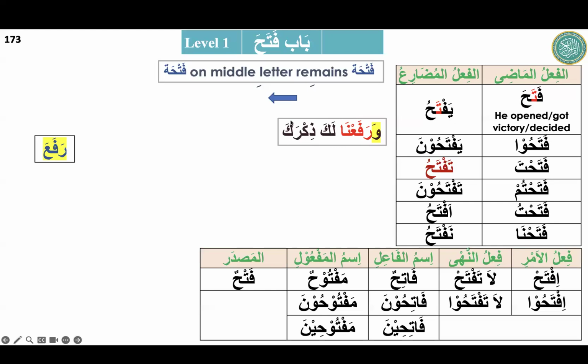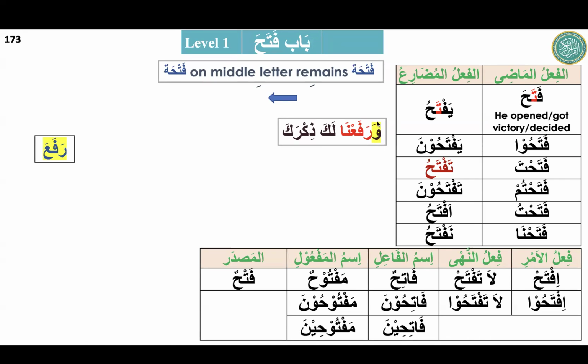Dhikra, that's your remembrance. Zikr means remembrance, and ka is your. So we will now combine the translation: and we raised for you your remembrance. Thank you very much, Jazakallah.